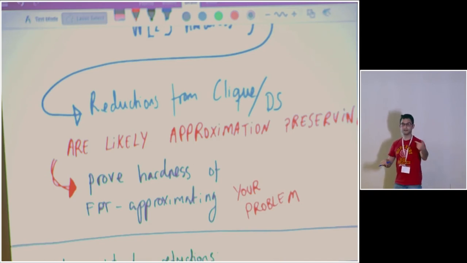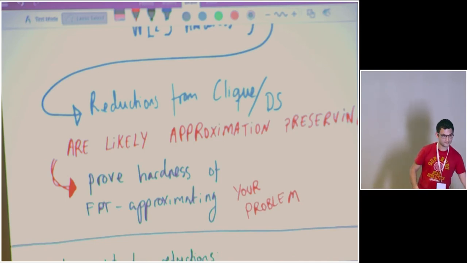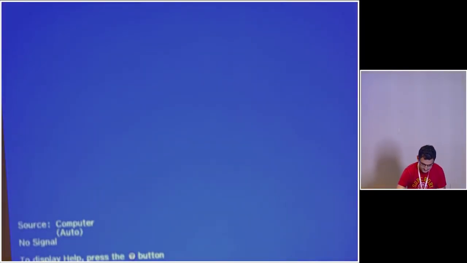Unfortunately, I can't draw and show it at the same time. Oh, okay. Let me try here. I have an idea. Let's see. No, this, but I'm on flight mode so that I don't get inappropriate messages while giving the talk.